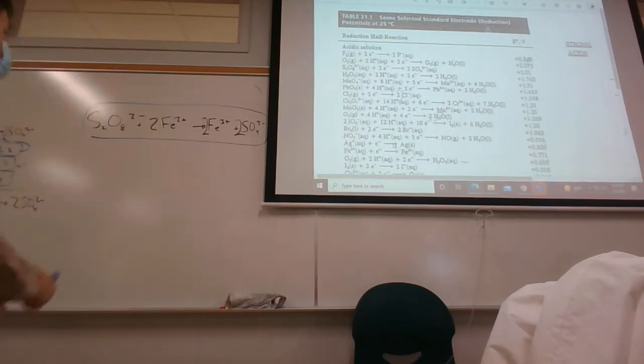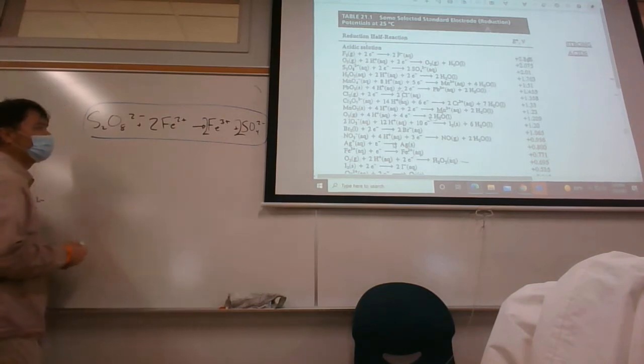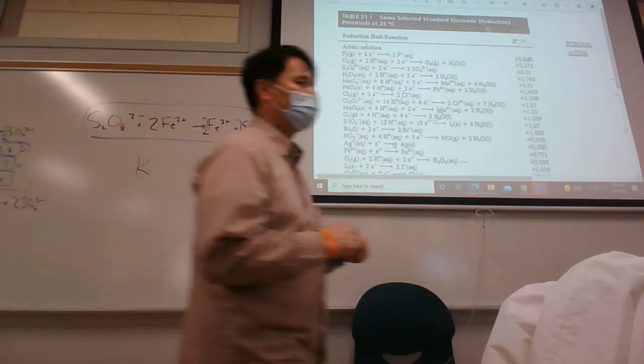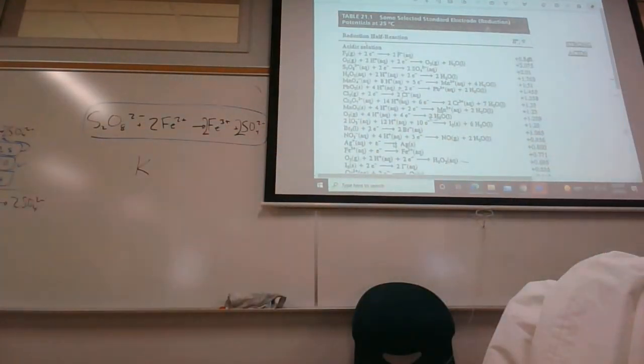All right, so once we have the balanced chemical equation, then we can come up with the K. And in this case, are we looking for Kc or Kp? Kc? Okay.